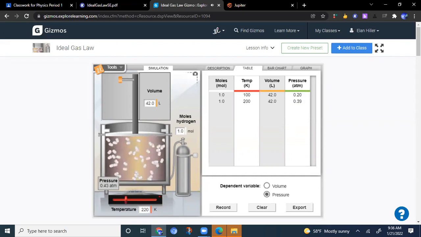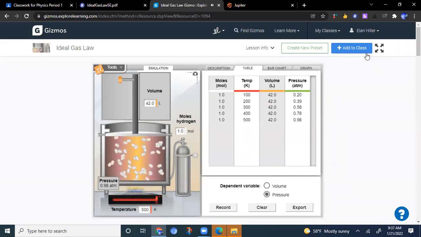Record. 300 Kelvin. Record. 400 Kelvin. Record. And then 500 Kelvin.